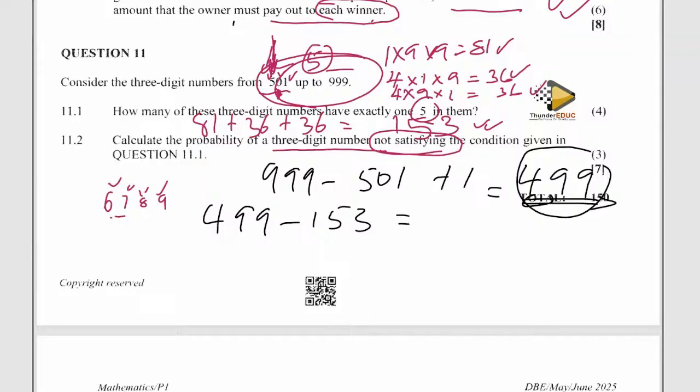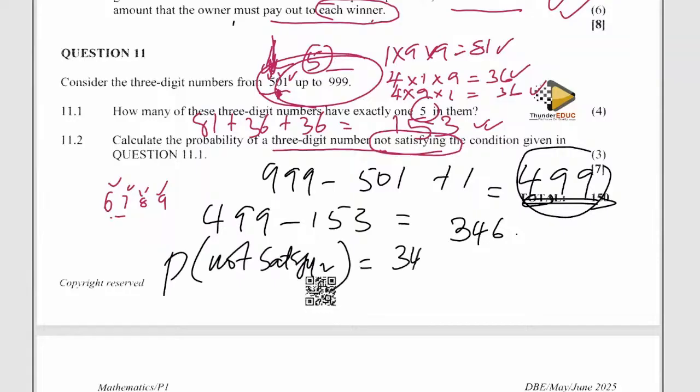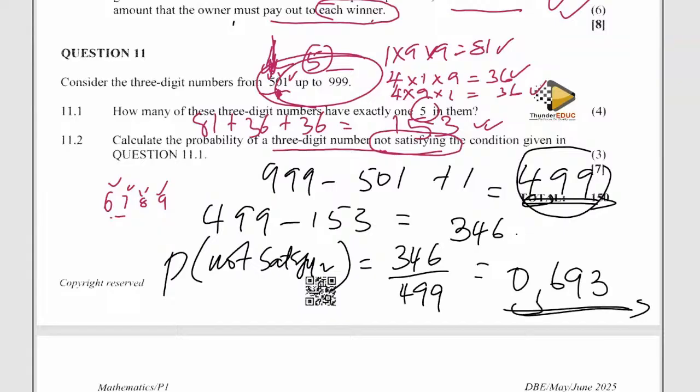So let's subtract 153, and we're left with 346. Now the probability of not satisfying is going to be 346 over the possible 499. So 346 divided by 499, we end up with 0.693 and so on. So that should be the probability that the question wanted.